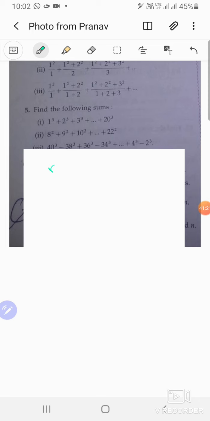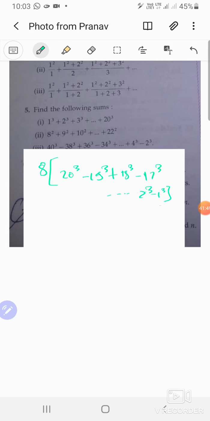First of all, we can notice that all of these are even numbers, so we can factor out an 8. If we factor out an 8, it's going to be 20 cubed minus 19 cubed plus 18 cubed minus 17 cubed, and it keeps going like that till 2 cubed minus 1 cubed.